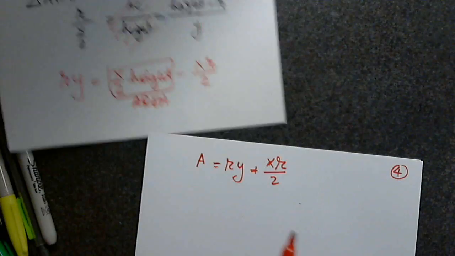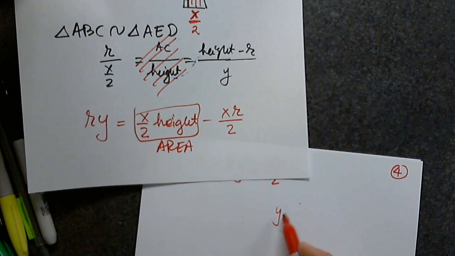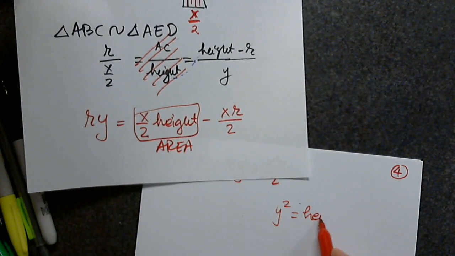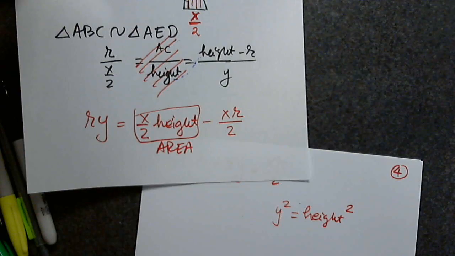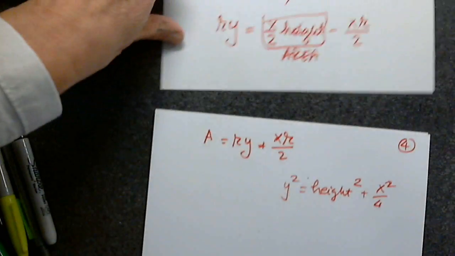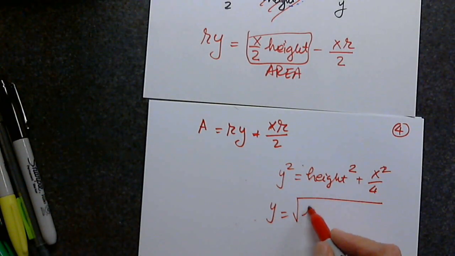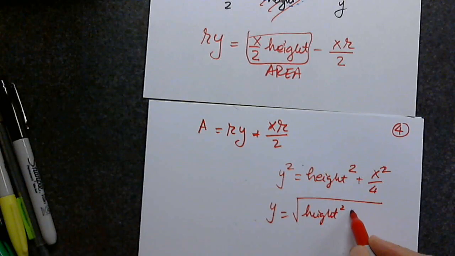I don't really want to involve the height again. Let me see. So y squared equals the height squared plus x squared over 4. So I have that y equals the square root of the height squared plus x squared over 4.